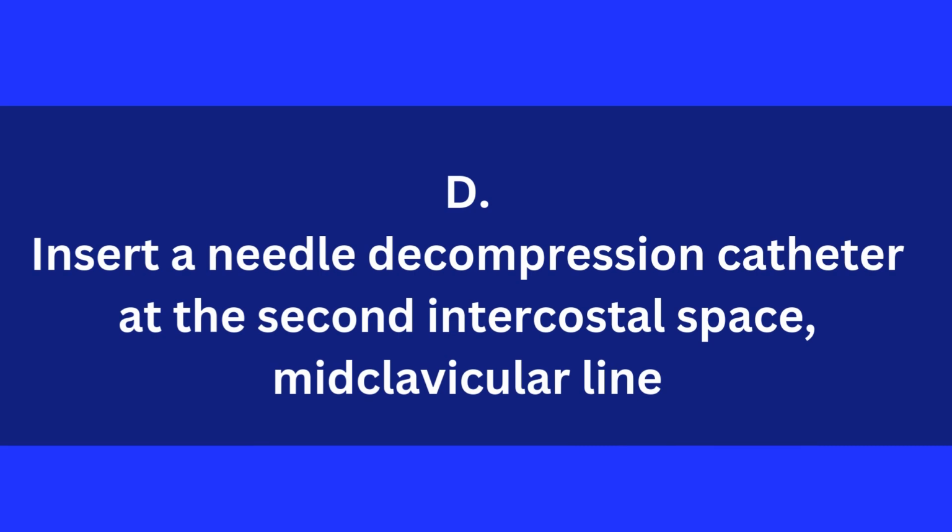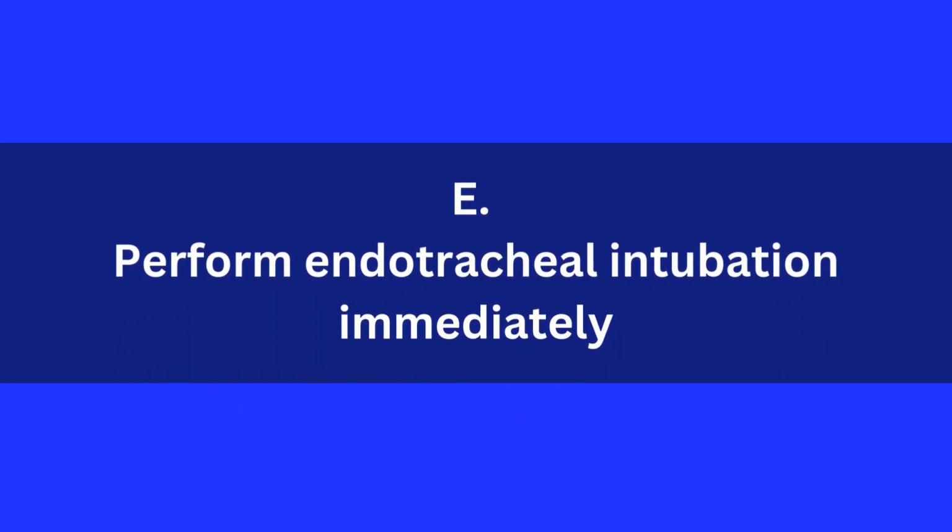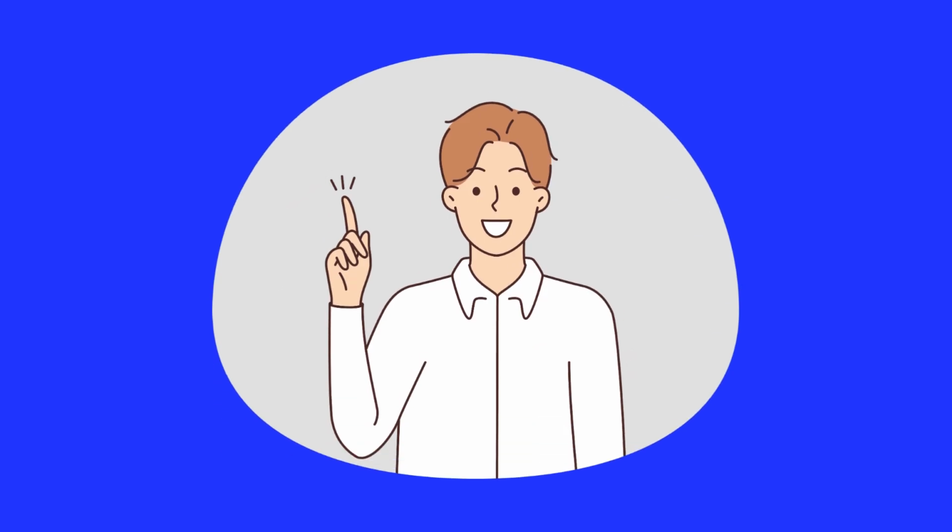We've now moved it so that we generally do it at the fifth intercostal space, mid-clavicular line, if we are going to do needle decompression. But for such a high-speed collision with an unstable patient, this is less likely to be my option. And E, perform endotracheal intubation immediately. Again, this won't solve the problem if a patient is tensioning, so I would go for B. And the good news is you are correct.